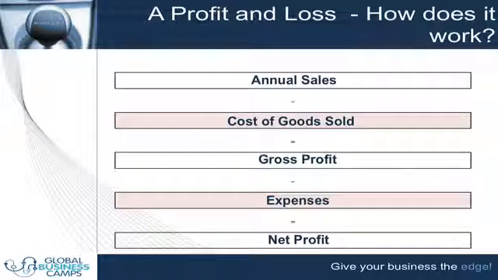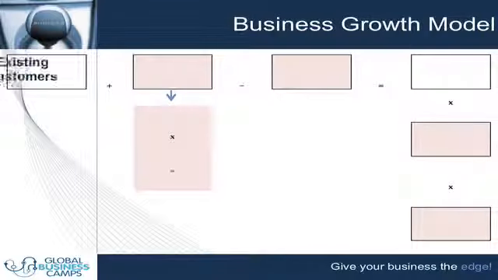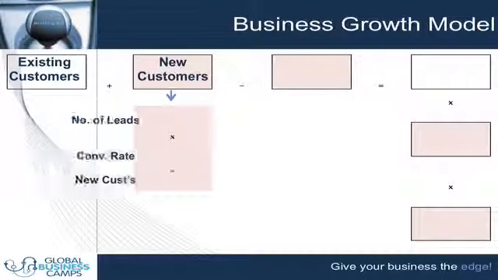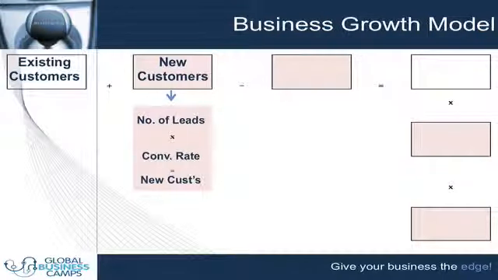You're probably thinking now, what is John talking about? He's completely lost the plot. How can he say that annual sales are not controllable? They're outcomes. The reason I say that is this. You've got your existing customers. You cannot control the customers you've got because you've got them. What you can control, however, is how many new customers you get in. And that's number of leads times our conversion rate equals new customers.